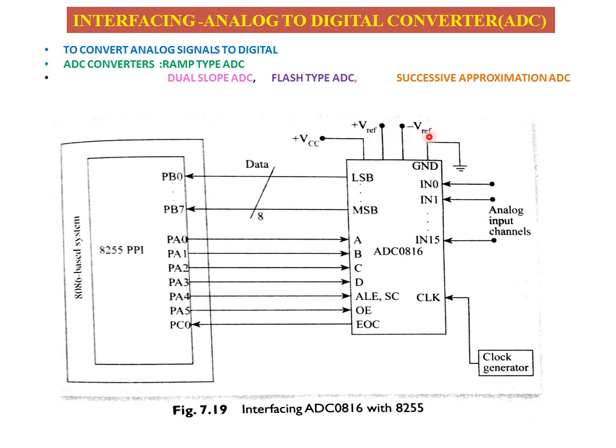The ranges, what I said, are -5 to +5 or -10 to +10. The ADC 0816 is an example of a successive approximation ADC converter type. This will convert your analog input data to the digitized binary bits.